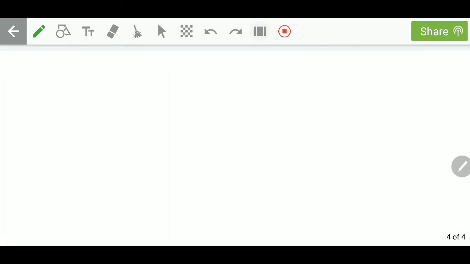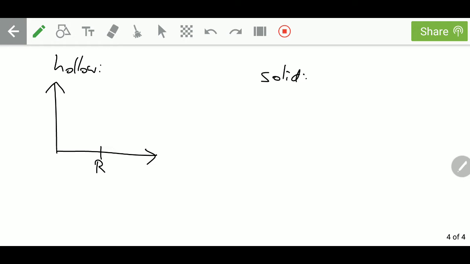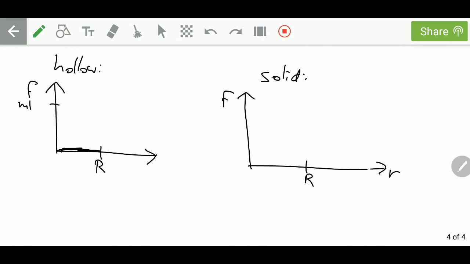And so just to show a plot, this is not needed for the problem, but it just helps clarify things. Here is R, so this is a hollow sphere, and then a solid sphere. For a hollow sphere, the force is 0 at first, and then at the radius, it reaches mg over capital R squared, and then it decays as 1 over r squared.